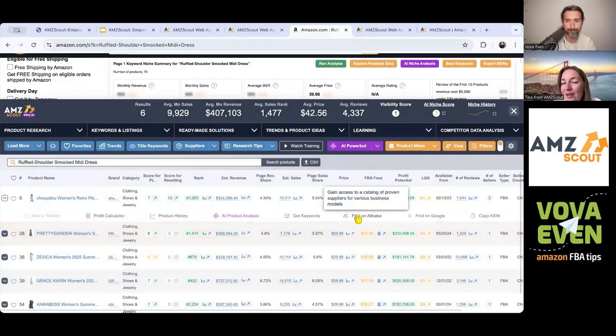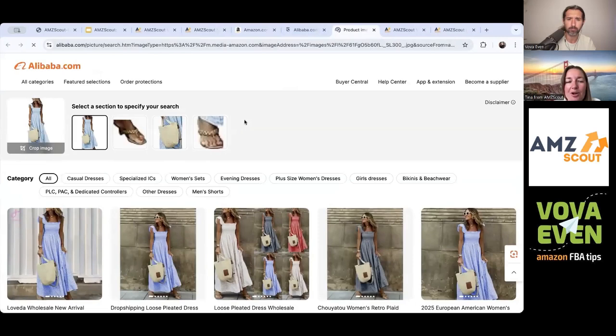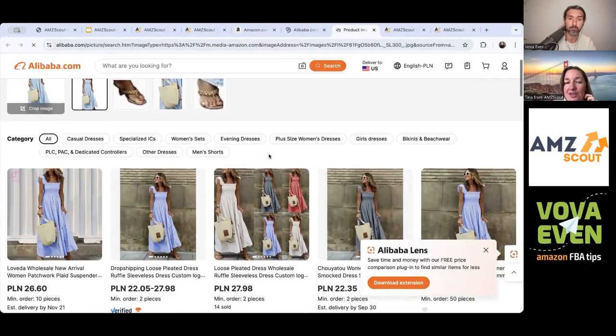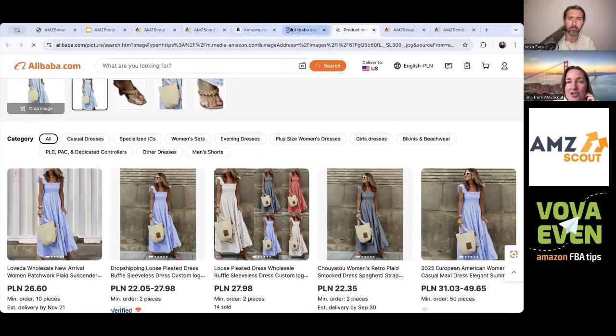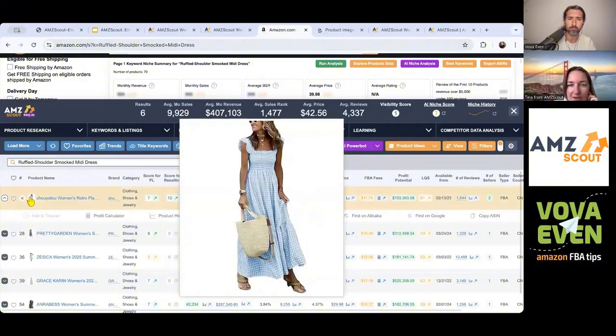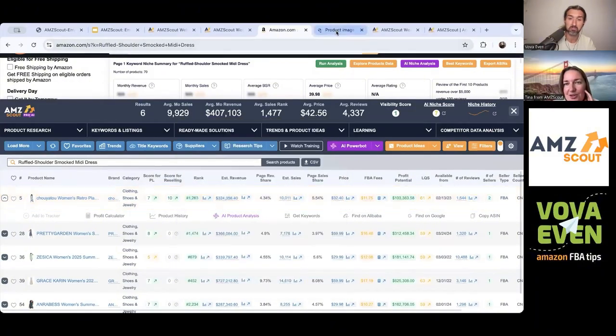Well, find on Alibaba. This one is another one. It's not the same as this supplier search. It works differently. And some users like this button more because it searches by a product image. So sometimes it finds the exact products and exact supplier of this dress. Let's just check. Okay. Well, you see, that's almost this, it's even the same image. I think it's the same.